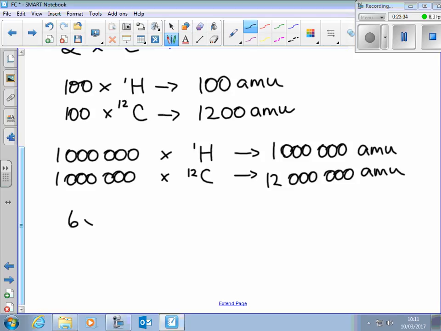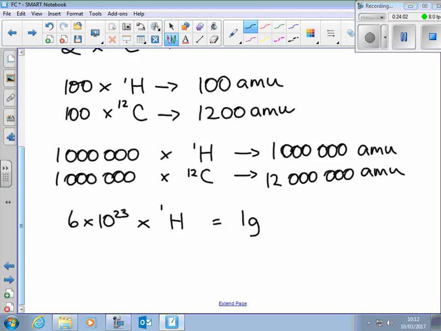6 times 10 to the 23, that's a lot of atoms of hydrogen 1, and it just happens to have a mass of, you could say, 6 times 10 to the 23 atomic mass units. Actually, yes. But for hydrogen 1, that happens to be 1 gram.